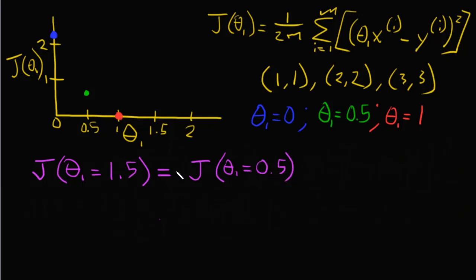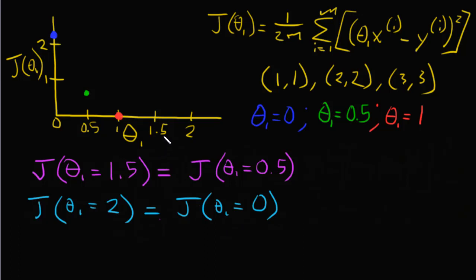And by that same logic, if I have theta 1 equal to 2, that is exactly the same cost associated with theta 1 equal to 0. I'm going to place those 2 points up on the graph. Let's see, theta 1 equal to 1.5 first, at that point, and then theta 1 equal to 0 here.